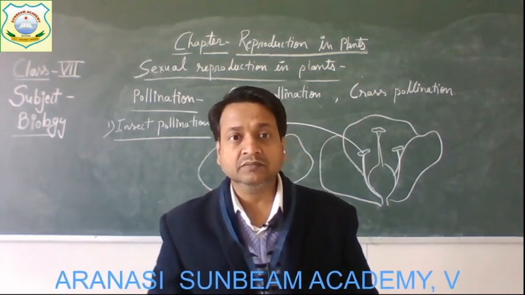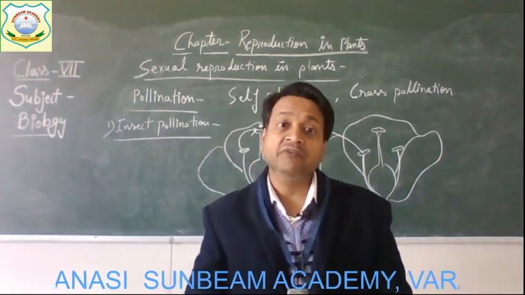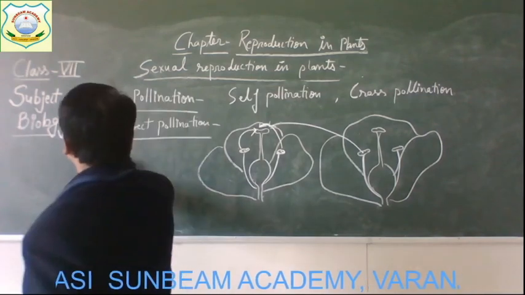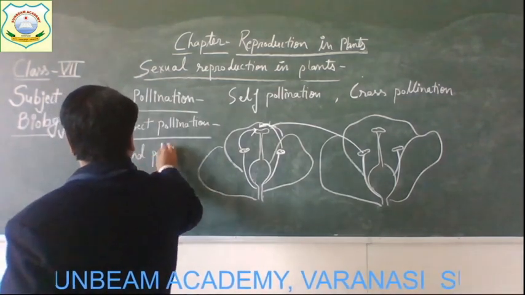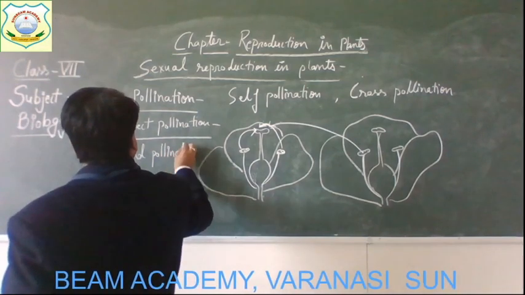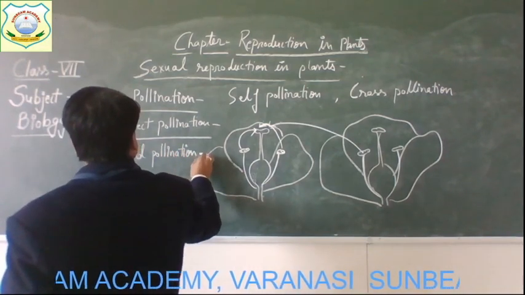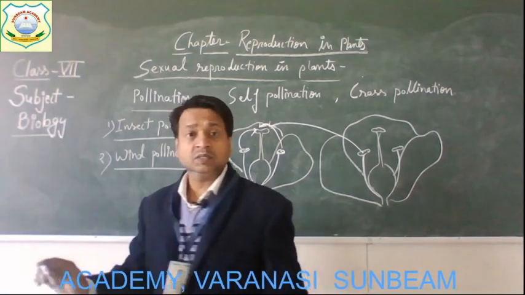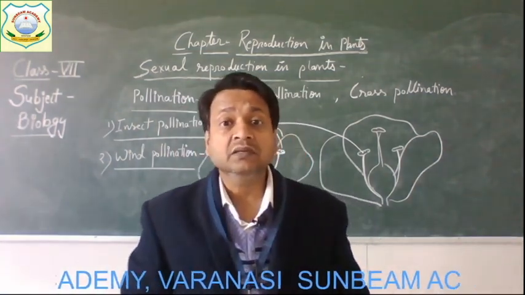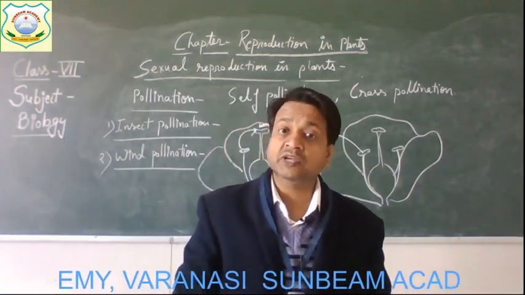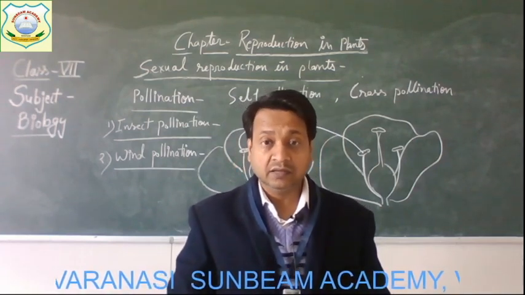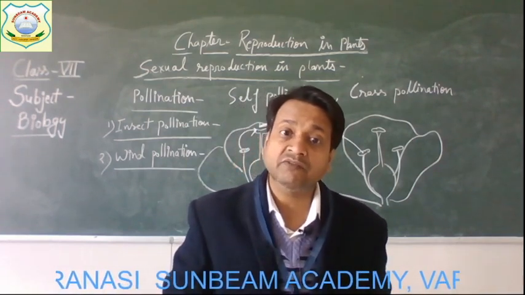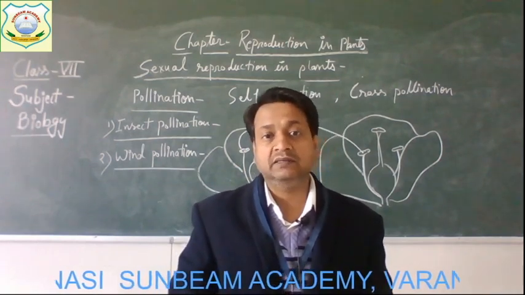Alright children, now the second way is wind pollination. In wind pollination, the pollen grains also transfer from one flower to the stigma of another flower with the help of wind.